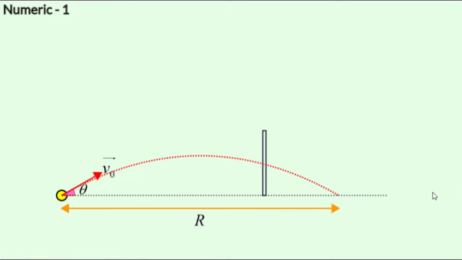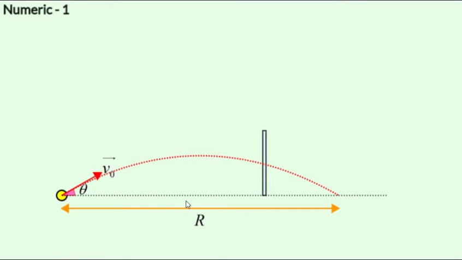To compute the range, you have to understand that although it strikes the building before it lands on the ground, the meaning of range is the distance that the projectile would have covered when it lands back on the ground without bumping into any obstacle. So for the computation of range, we have to suppose that there was no building in between.